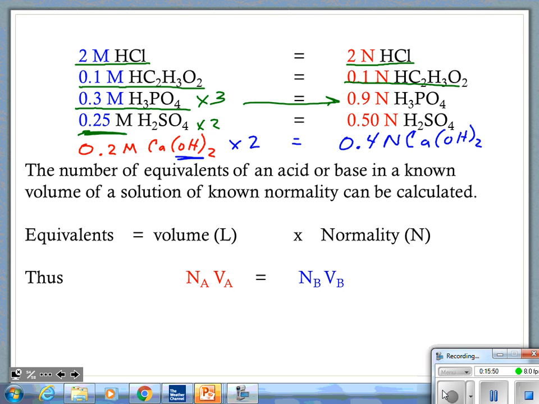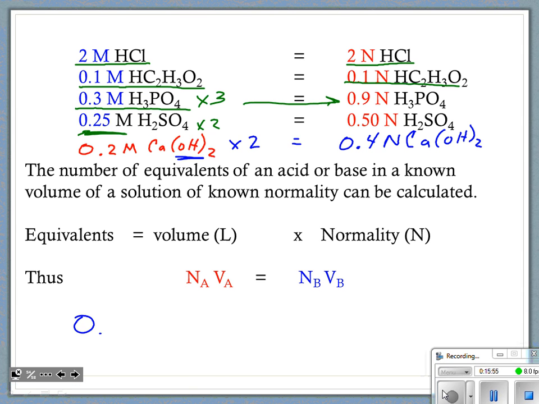Here's what actually is happening, folks. Okay, if I have a 0.25 molar solution, right? That is really 0.25 moles per liter, right? Now, if I look at sulfuric acid, which is what I'm doing here, I'm dealing with H2SO4.